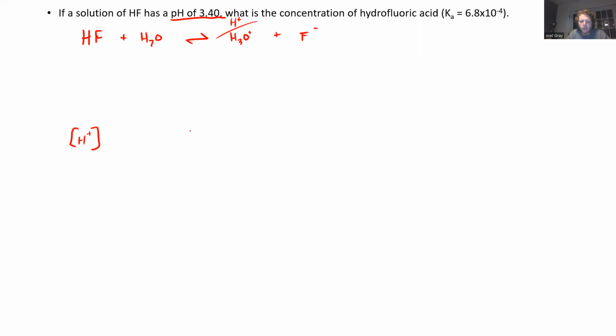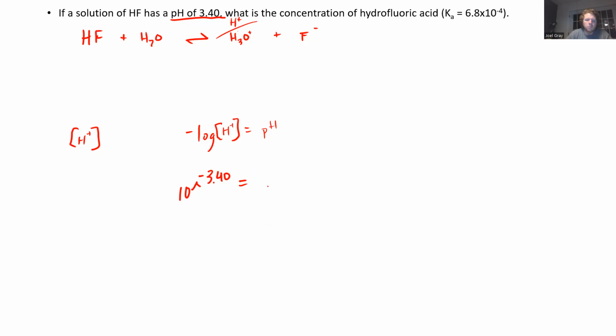So we know that negative log of our hydrogen ion concentration, sorry, not of X, equals our pH. That's going to be our pH. So if we're given our pH, then what we want to do is take the negative pH, 3.40, and raise a number 10 to the negative 3.4 power.